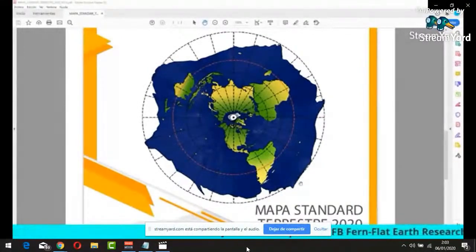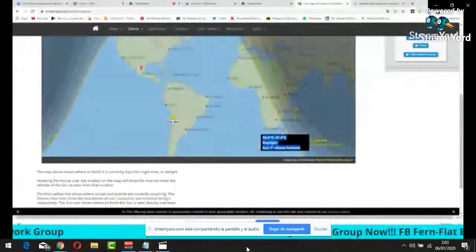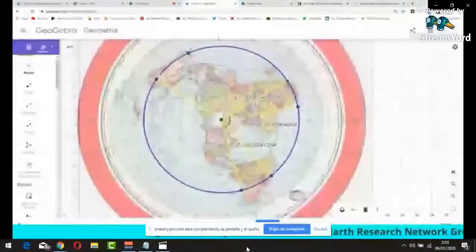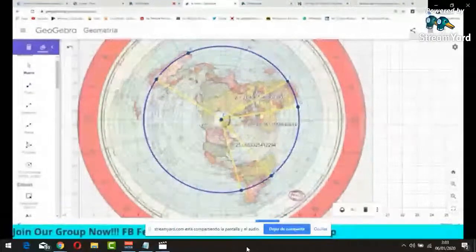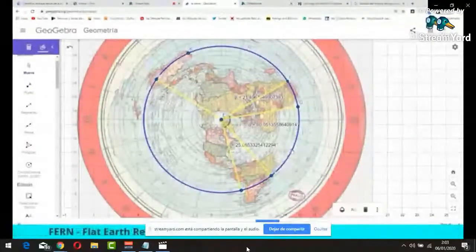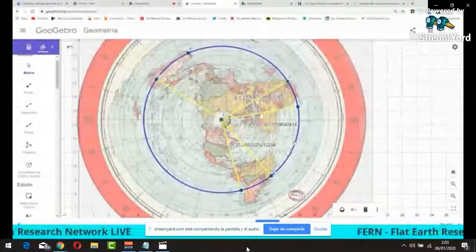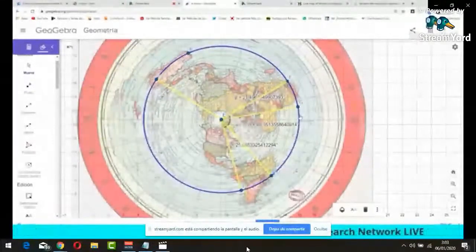And my last message about this is that when we measure this using the path of the sun and we use it for 24 hours, finally we reach that the circle is perfect. This doesn't happen if the earth is not flat.